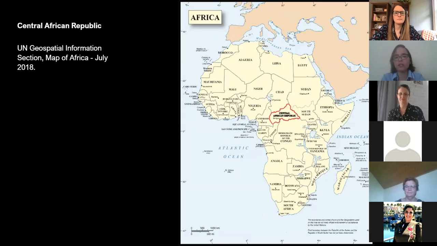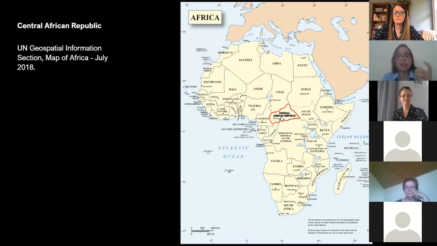So let's look at the way the Security Council has been engaging and working to face a specific conflict. What you can see here on the map is Central African Republic in Central Africa.